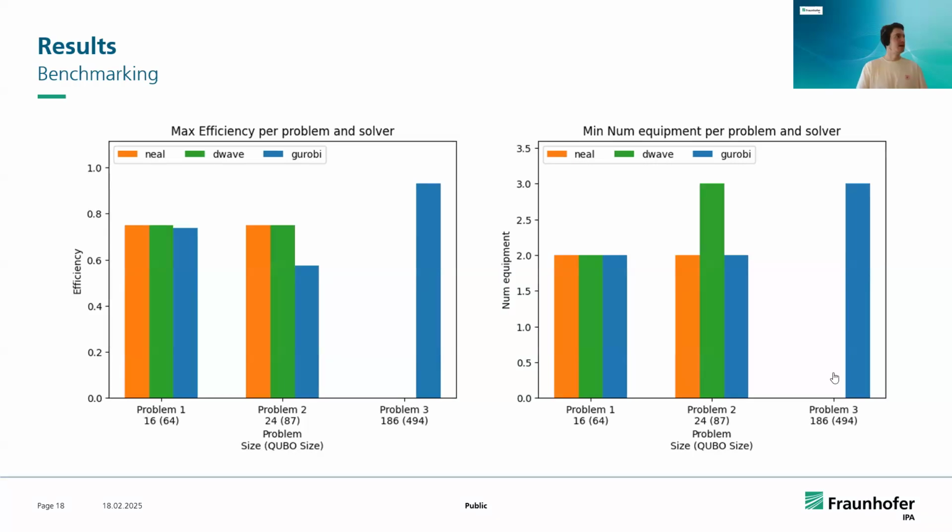For the other KPIs, max efficiency, we see that we match the solutions of the classical solver with our quantum solver and simulated annealing. Here we even find solutions that improve the efficiency, which are solutions that might be suboptimal when looking at a different KPI.